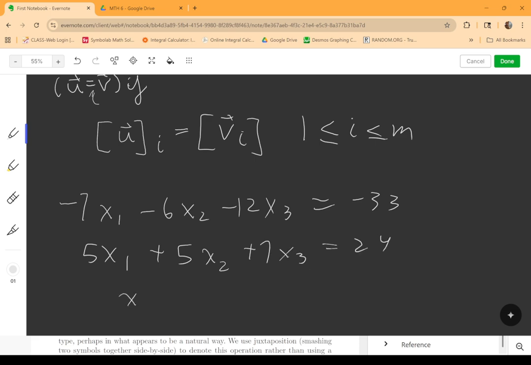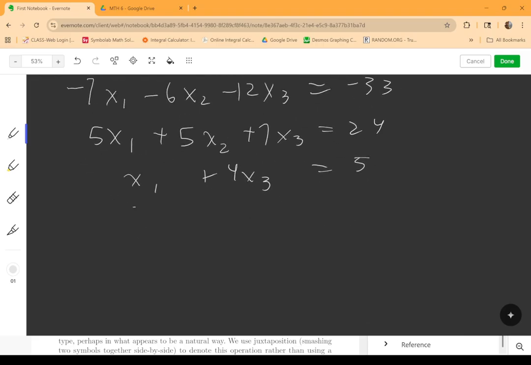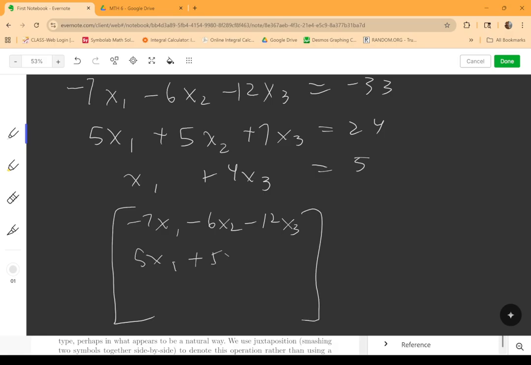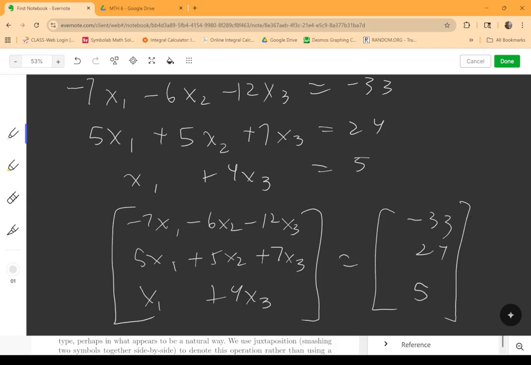But now we can start pulling away from that idea, and instead of having these as three separate things, we can think of this as the column vector with entries x1 plus 4x3, 24, 5.